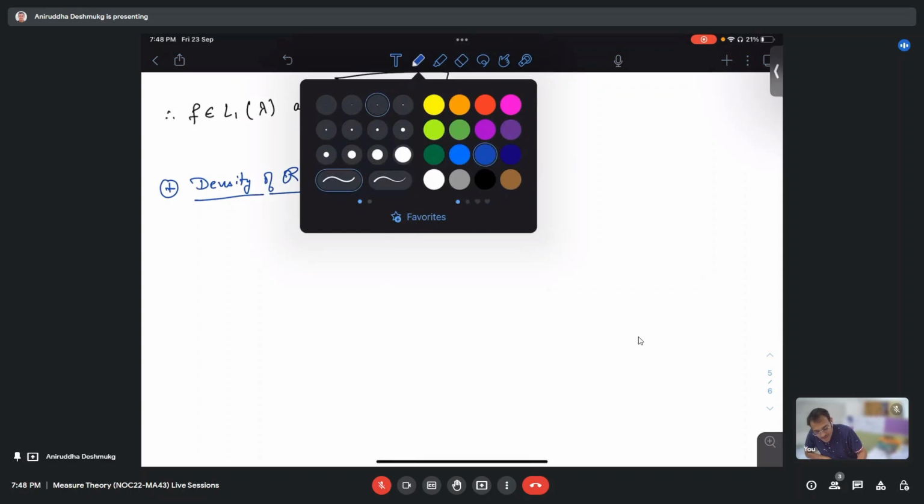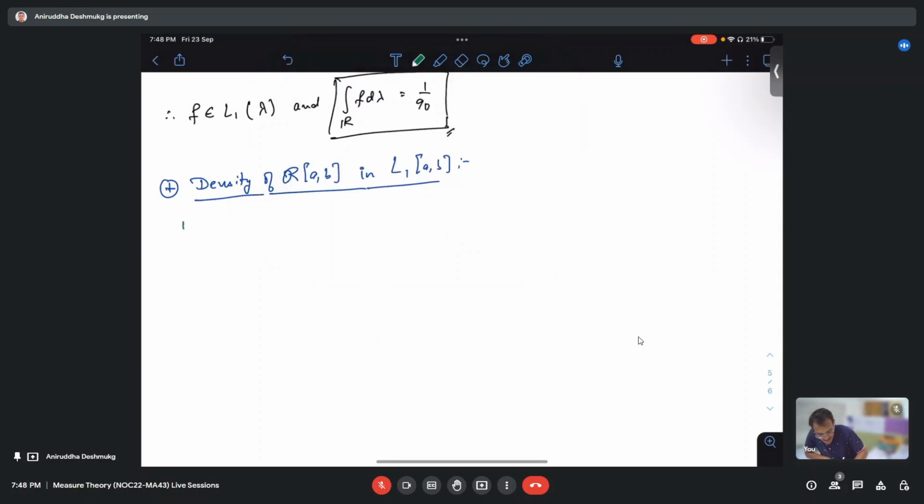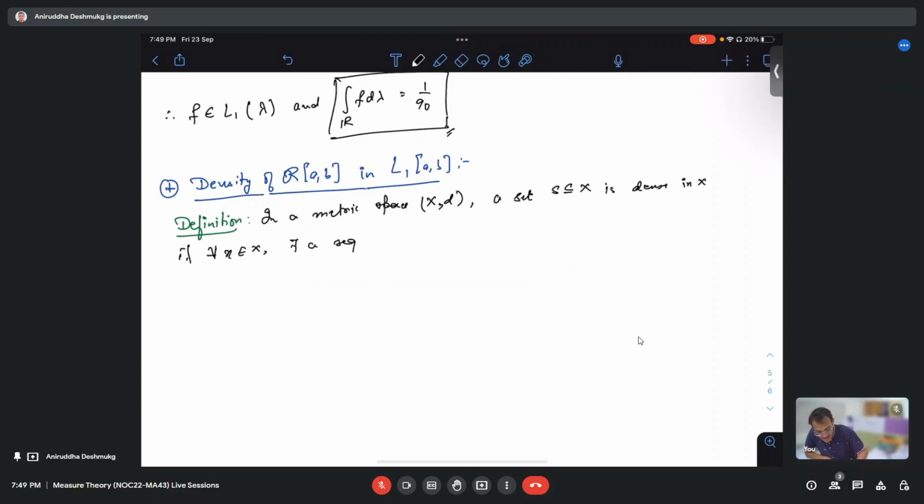So first of all, what do we mean by density? I should give the definition as well. In a metric space (X, d), where d is the metric, a set S of X is dense in X if for any point x in X there is a sequence Sn in S such that Sn converges to x in the metric d.